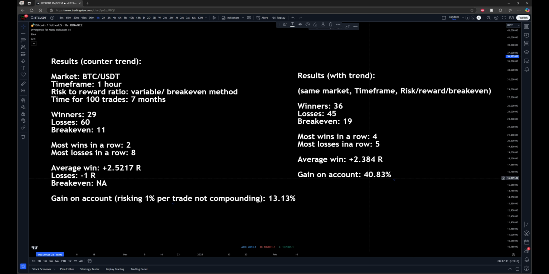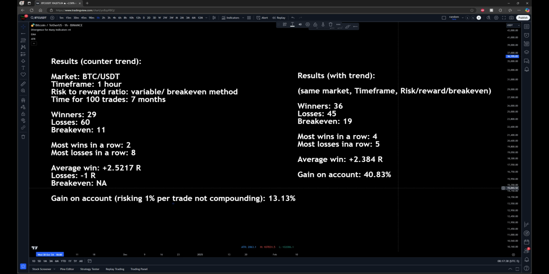And so I think it's pretty clear that even if we do range trading, ranging environment with counter trend divergence, we still have a hard time making any profit doing that method. But if we go with the trend, it's a whole lot easier to make money and ride the wave instead of trying to predict when it's going to come to an end.